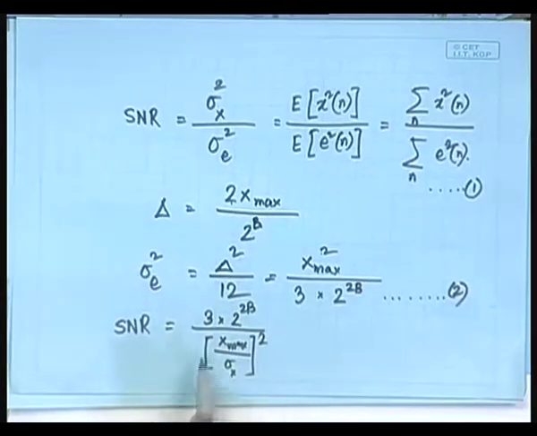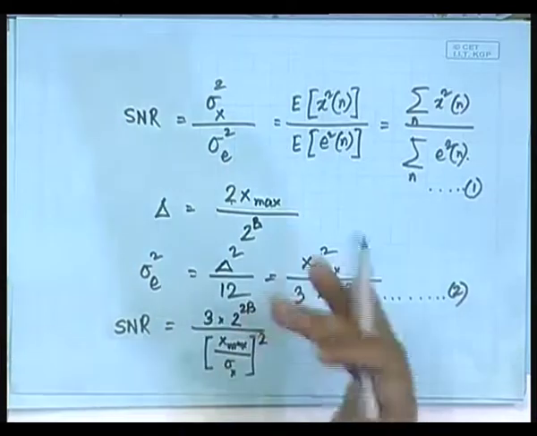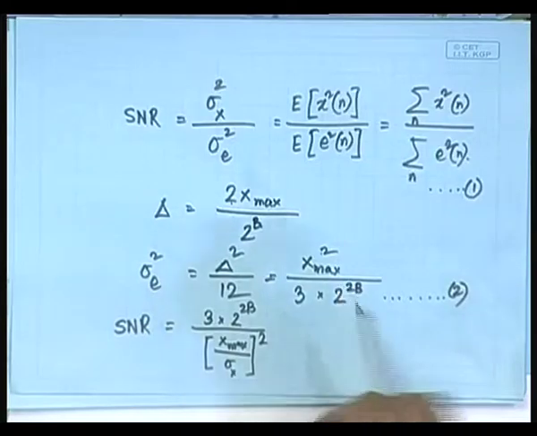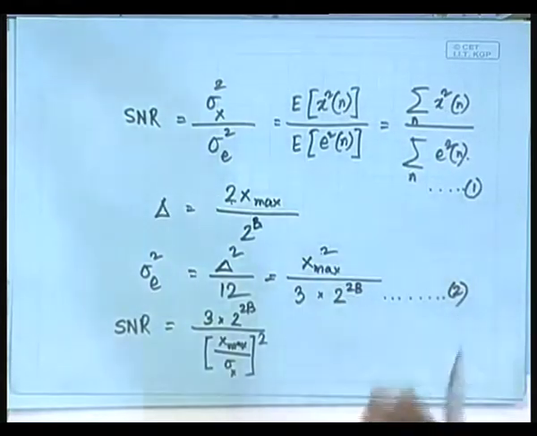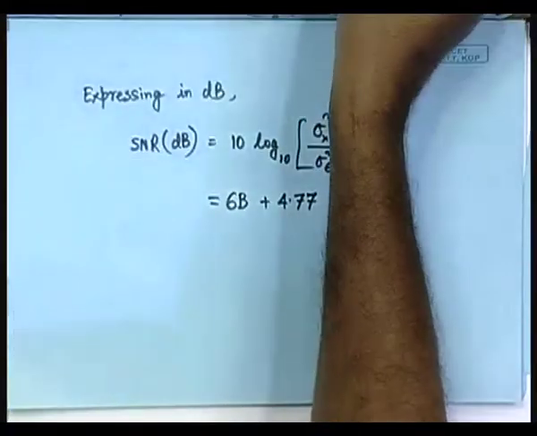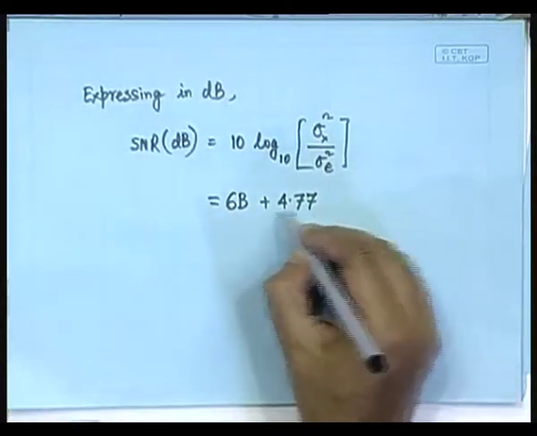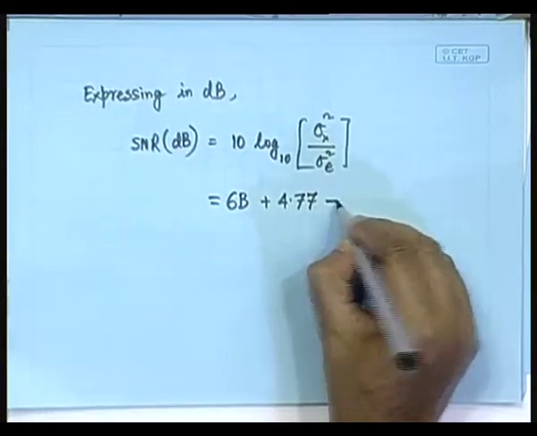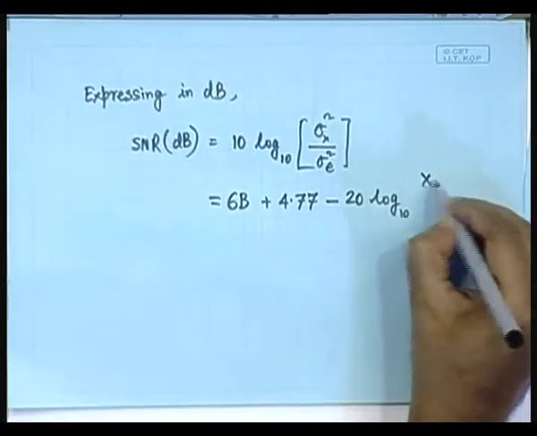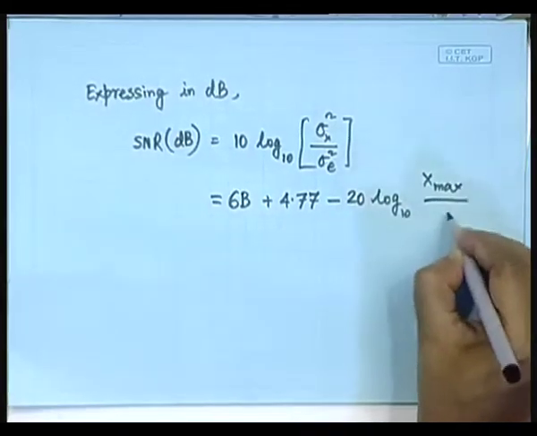Since this is in the denominator and we are taking the signal to noise ratio as 10 log 10 of this entire quantity, the denominator obviously gives rise to a minus sign. So, it is minus 20 log to the base 10 of x max by sigma x. So, we can write the whole thing as 6b plus 4.77 minus 20 log to the base 10 x max by sigma x.